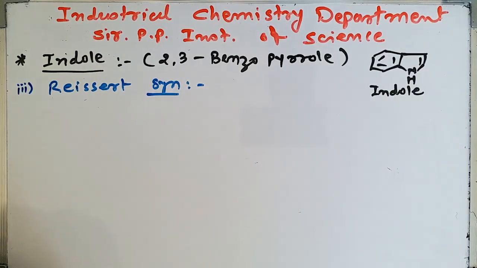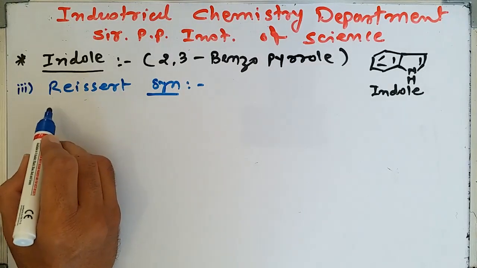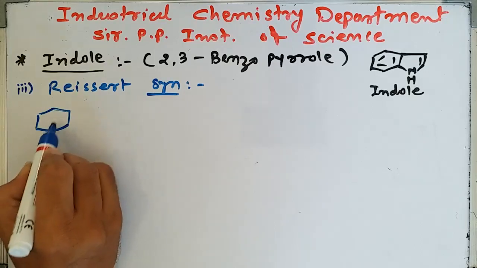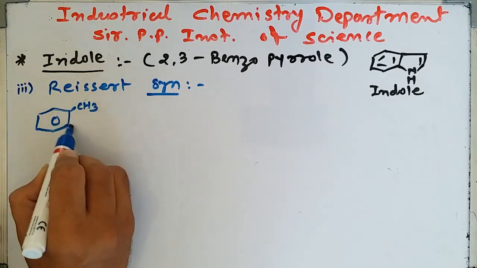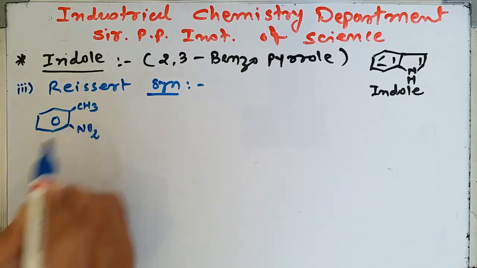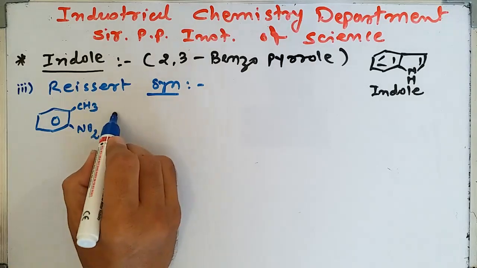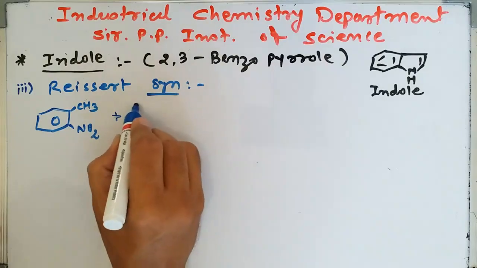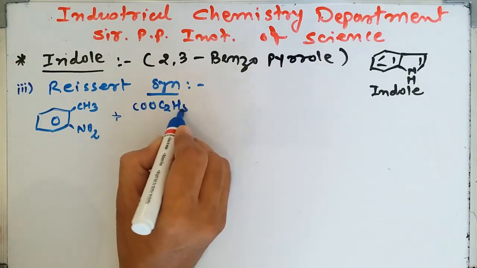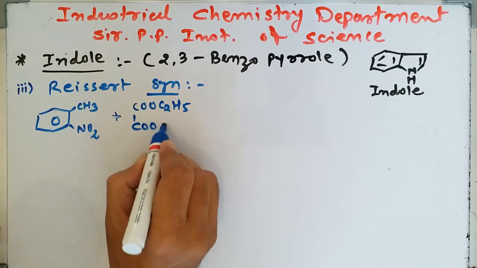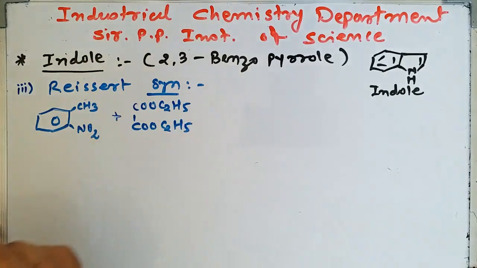Indole may be prepared from orthonitrotoluene and ethyl oxalate by this synthesis. So we have the starting material orthonitrotoluene, CH3 and NO2, and COOC2H5, COOC2H5, this is ethyl oxalate.